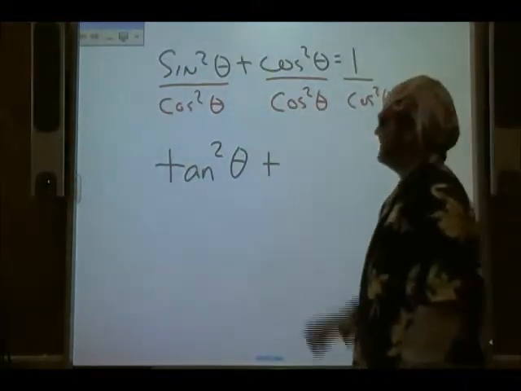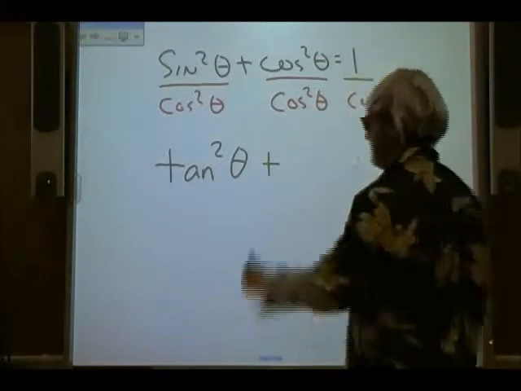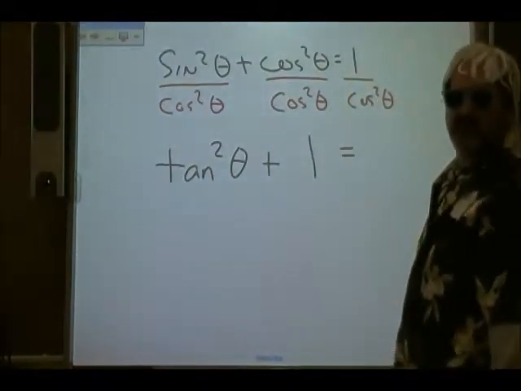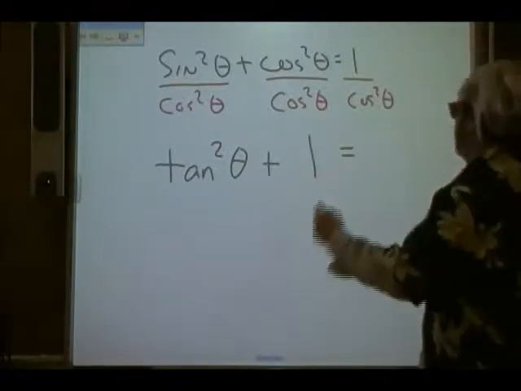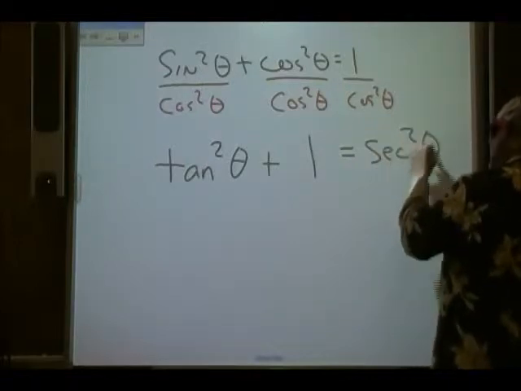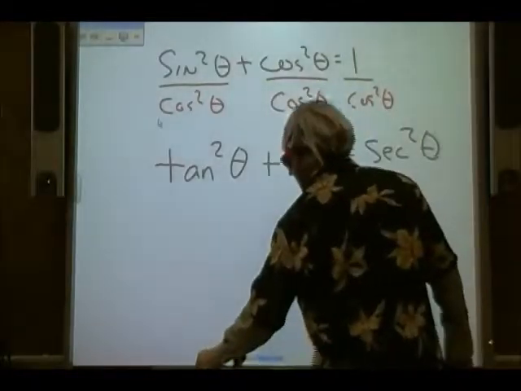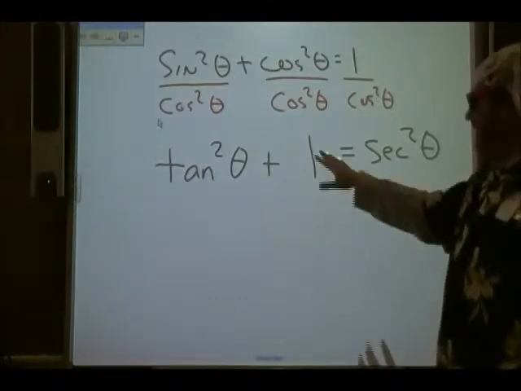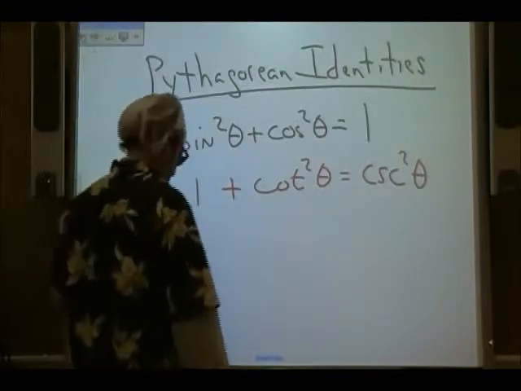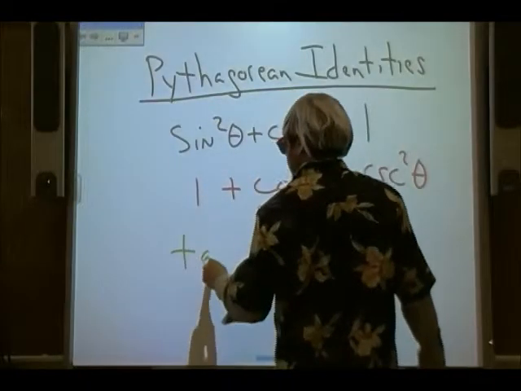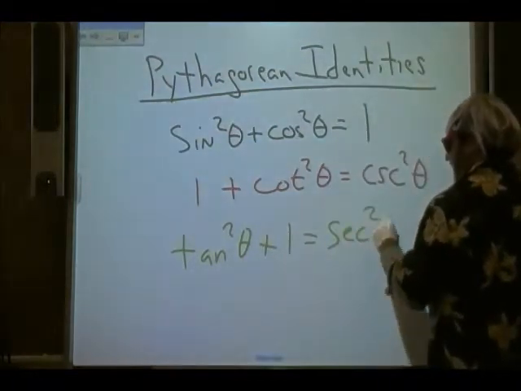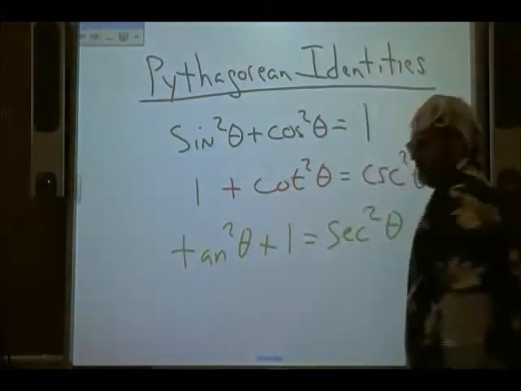Cosine squared theta over cosine squared theta equals 1. And 1 over cosine squared theta is equal to, what do you need for the picnic? It's equal to secant squared theta. So there's the third one. Tangent squared theta plus 1 equals secant squared theta.